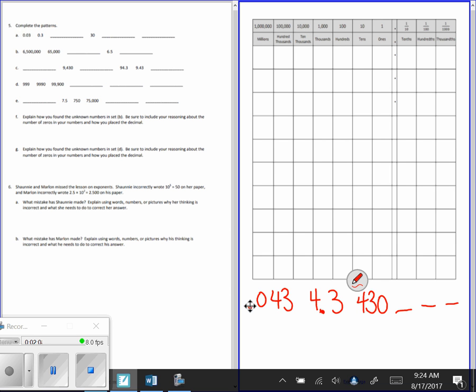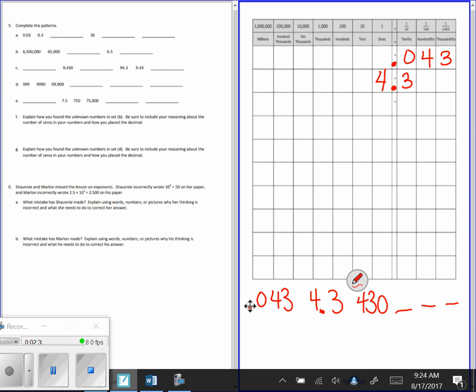Okay, so I'm going to write 43,000 on my place value chart, exactly like it is. So I have my decimal, 0, 4, 3, exactly like it goes. The decimal doesn't go anywhere. The decimal is always in the same place. Then I've got 4 with a decimal and a 3. So the 4 is on this side of the decimal, and the 3 is there.